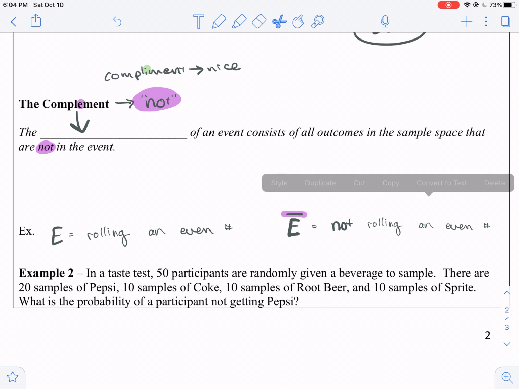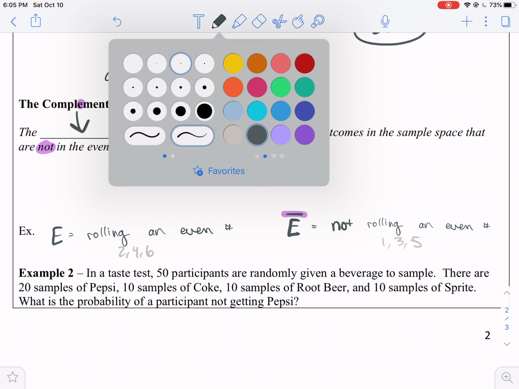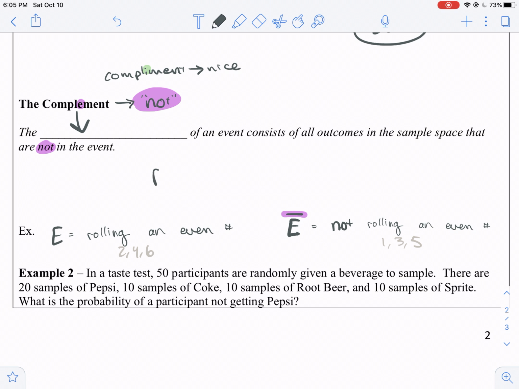So the even numbers in this case, the sample space would have been 2, 4, 6, but the sample space for E not is 1, 3, and 5. And we always say that the probability of an event plus the probability of its complement is always equal to 1.